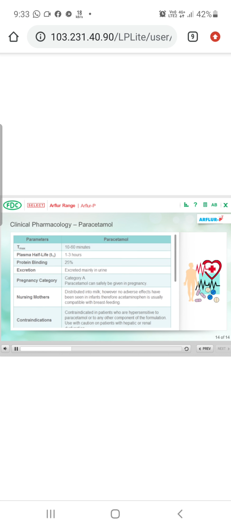Here is the clinical pharmacology of paracetamol.